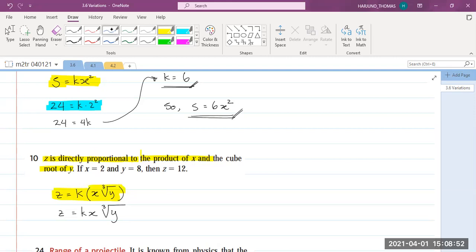Then, the second sentence, we plug in numbers. When X equals 2 and Y is 8, then Z equals 12.